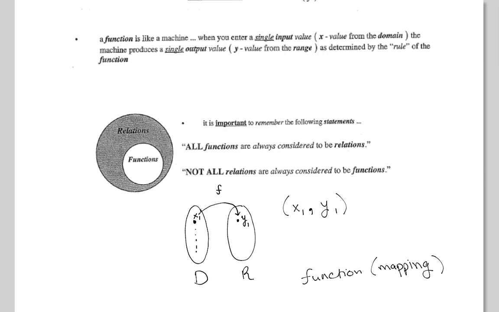Okay, now all functions are relations, but not all relations are functions. Okay, demonstrated by this Venn diagram. So if you're a function, you're a relation, but not all relations are functions. I believe that was in the homework last night, if you did your homework.